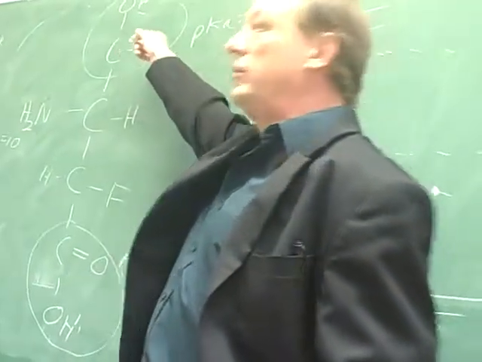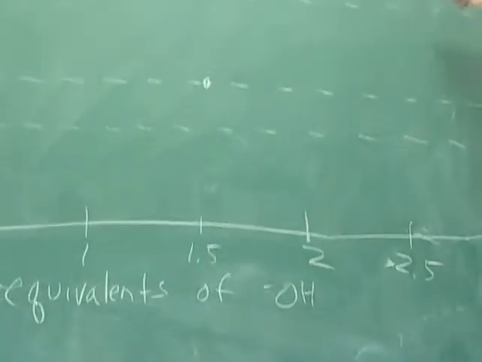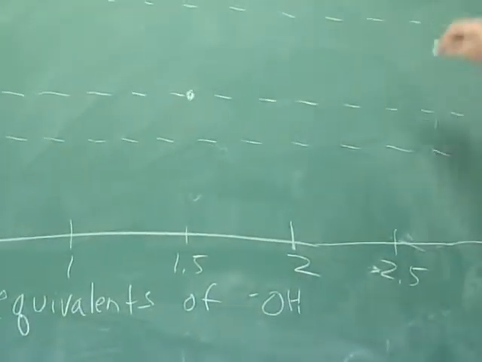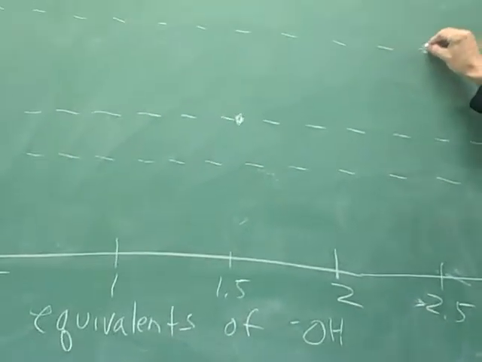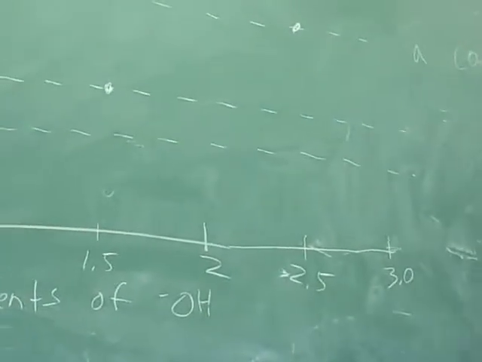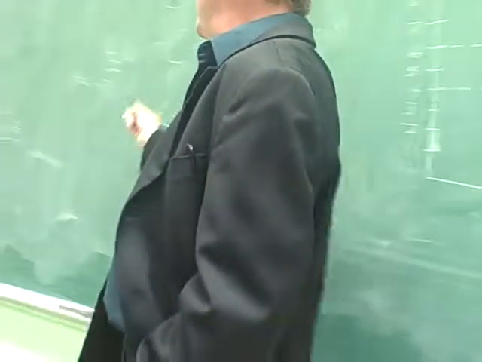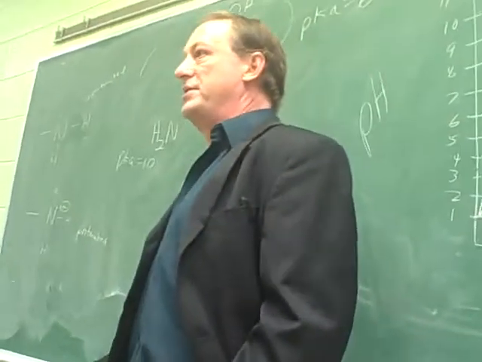A half of an equivalent would get rid of half of them. So there's my halfway point at 1.5. The next halfway point goes at 2.5. They're always at the half mark, basically. Your inflection point is there because it takes half an equivalent to pull off half the protons, and a whole equivalent pulls off a whole proton.